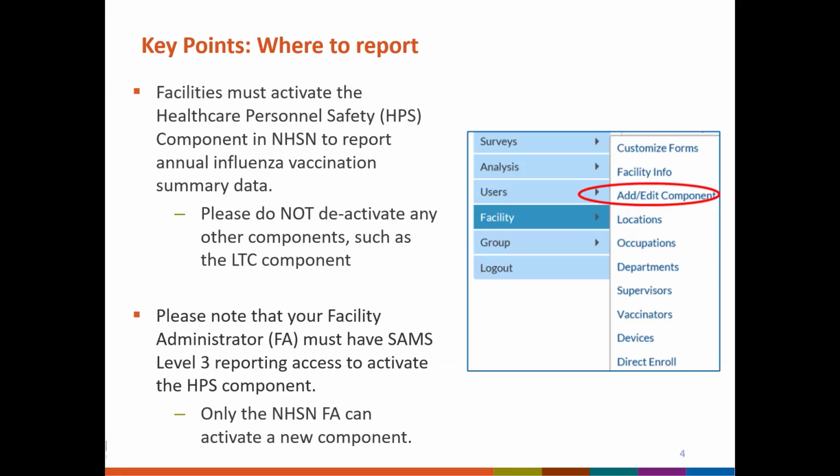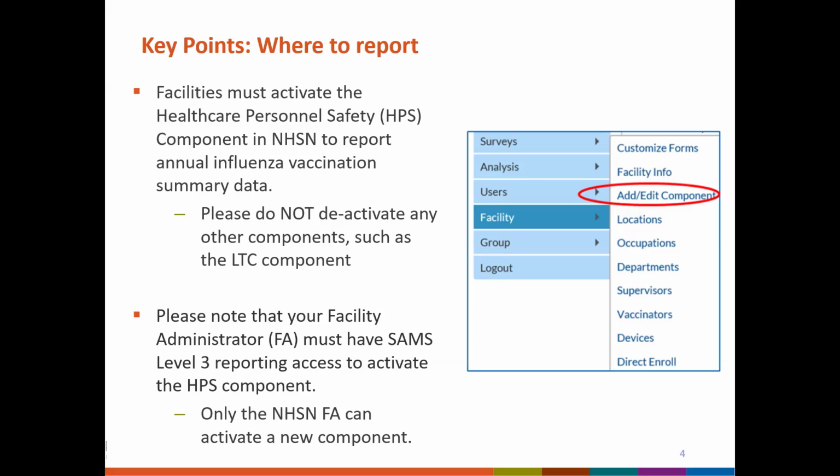On the NHSN left-hand navigation panel, find Facility, and then select Add Edit Component. Please note that facilities must activate the healthcare personnel safety component in NHSN to report annual influenza vaccination data.